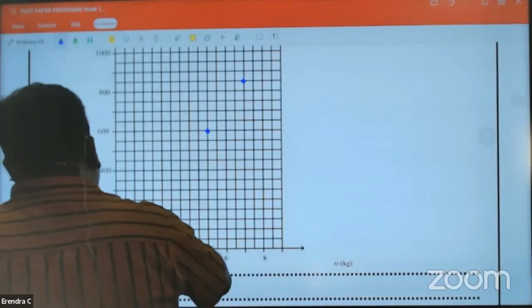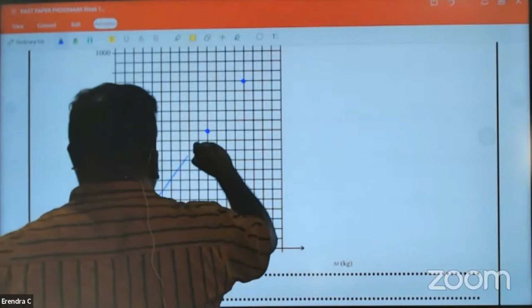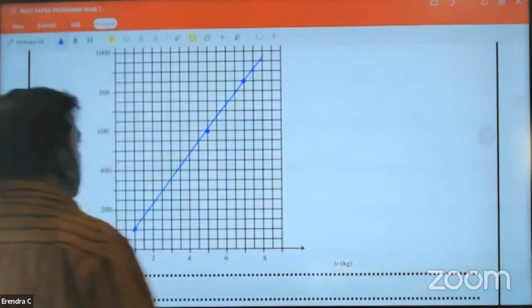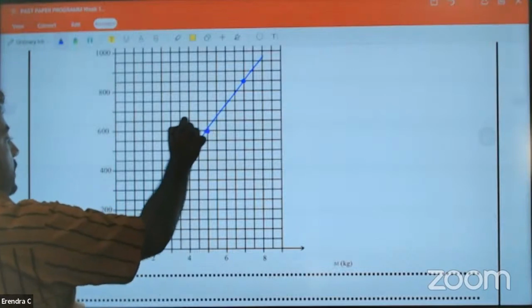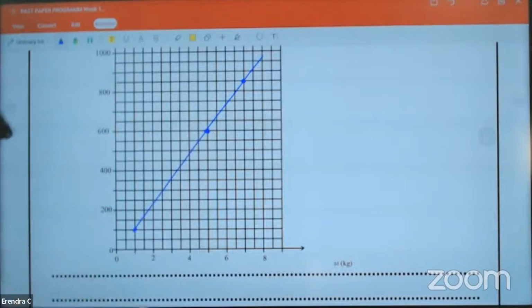So a graph is like this. It has not got printed, that's the problem. 100 goes through that.